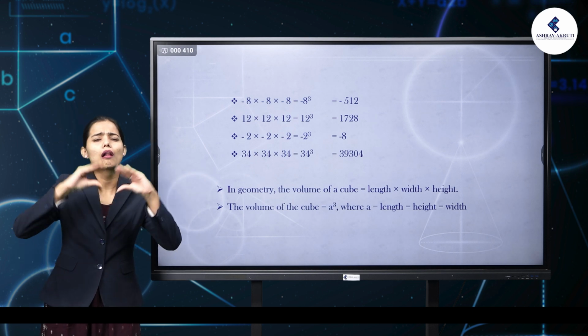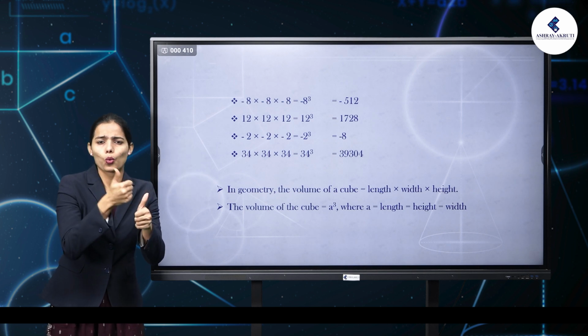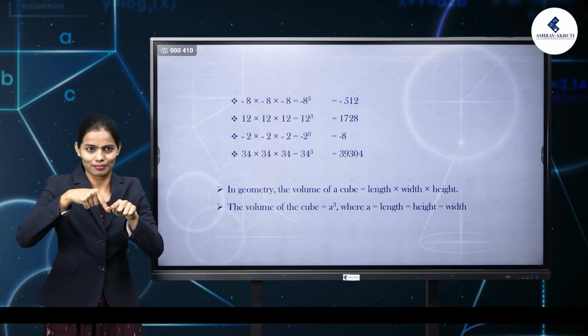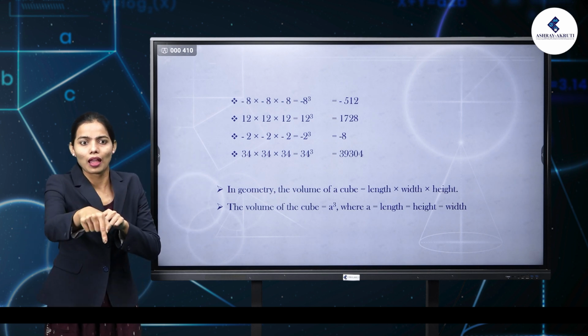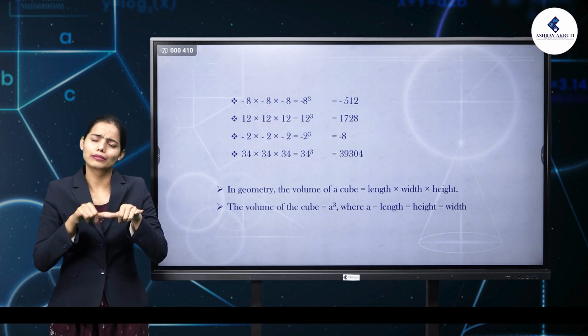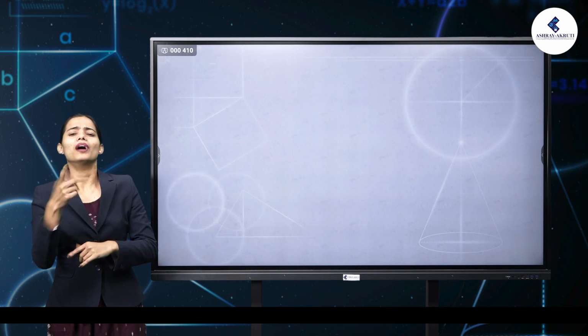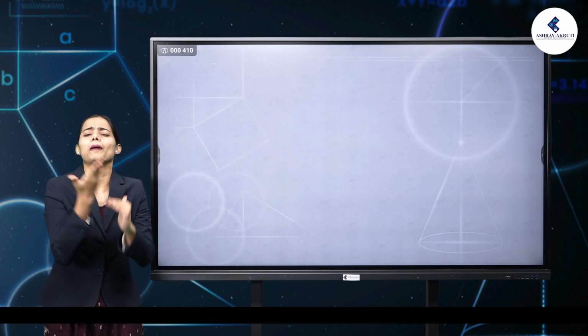Thus, the volume of the cube is equal to a cube, where a is equal to length is equal to height is equal to width. This means the volume of a cube is a cube number.